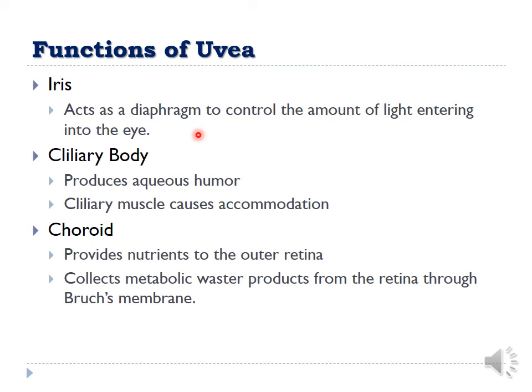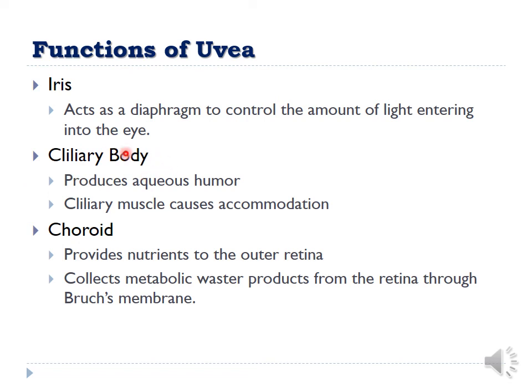If you do not remember what a curtain is, we keep a curtain inside the window of our room so that the light from outside cannot come in. So iris acts as a diaphragm to control the amount of light entering the eye. It is not only the iris that helps; the size of the pupil also helps to control the amount of light coming inside.